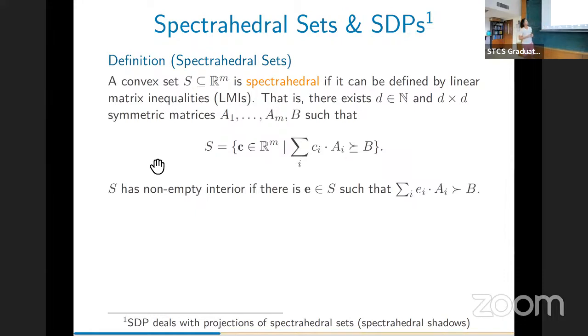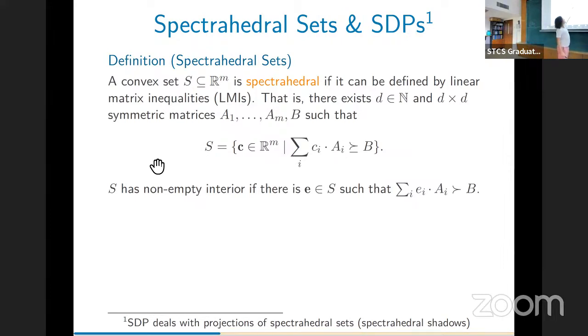Okay. So now let's talk a little bit about SDPs and spectrahedral sets, just so we can get used to the word spectrahedral. A convex set is said to be spectrahedral if it can be defined by a linear matrix inequality. And what is a linear matrix inequality? It's just something that looks like this.